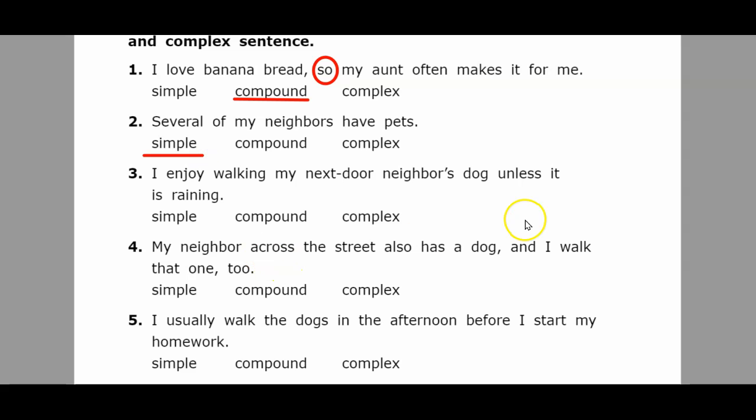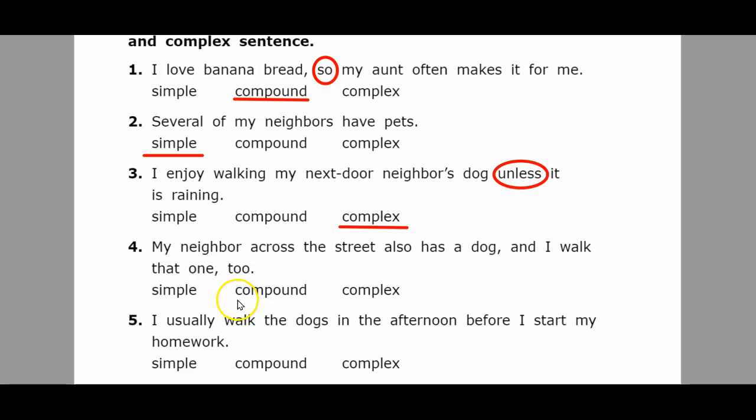How about this one? I enjoy walking my next door neighbor's dog unless it is raining. Complex. How do I know that? Because of the word unless. Good. How about: my neighbor across the street also has a dog, and I walk that one too.